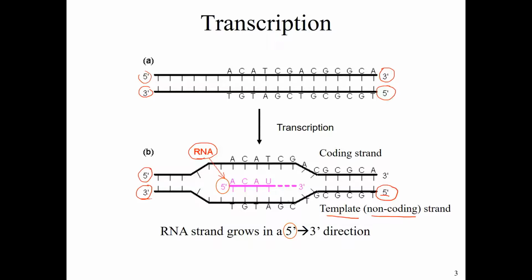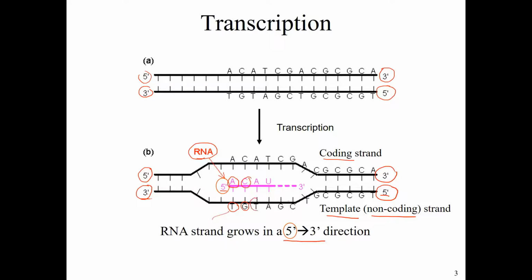Whereas the 5' to 3' DNA strand is known as the coding strand. So RNA grows in the 5' to 3' direction. As you can see here, RNA starts with the 5' end. So when you have a T here on the DNA strand, it codes an A onto the RNA strand.